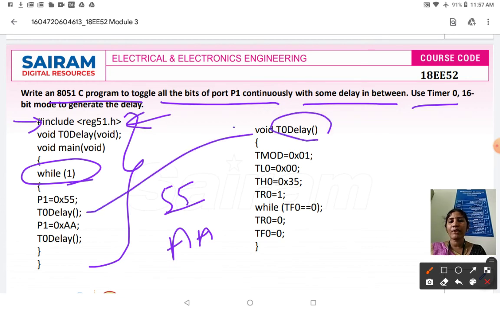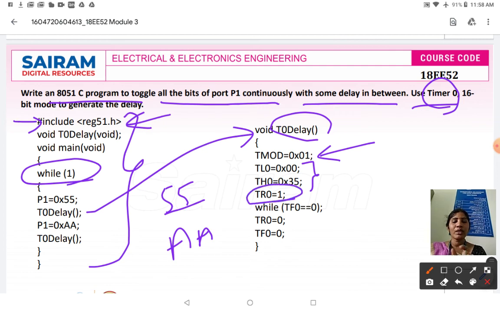To do the delay function, here I am going to use mode 1. To use mode 1, TMOD is equal to 0x01. TMOD is the identifier in 8051 to represent the mode of operation in the timer. In timer 0, to maintain the time delay, I am going to load the data TL0 and TH0, and I will set my timer run bit to 1.